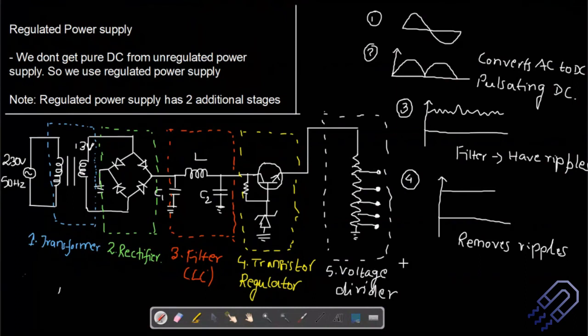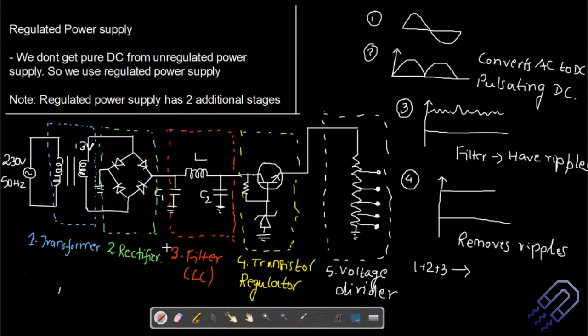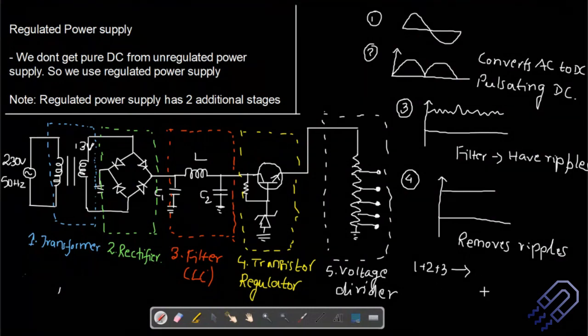If I just consider this 1 plus 2 plus 3, I'm writing it down in short. During the exam, if you draw the diagram correctly, after that you can explain it very easily if you remember just these few points. If you take 1 plus 2 plus 3, you are going to get an unregulated supply.